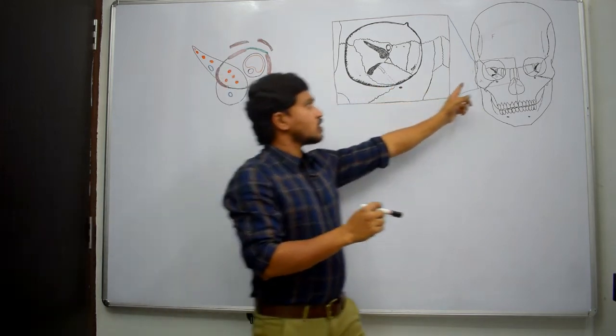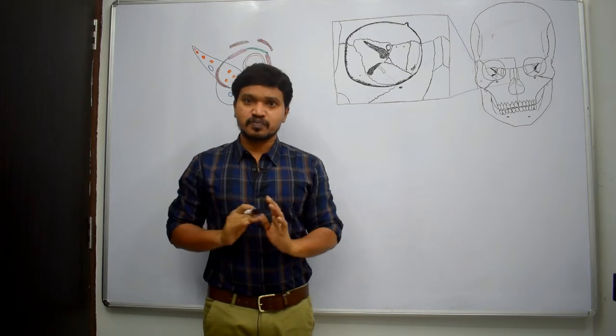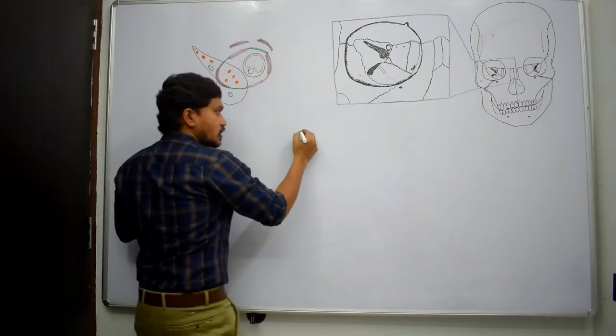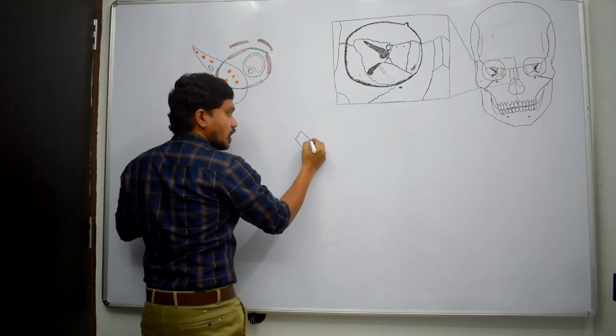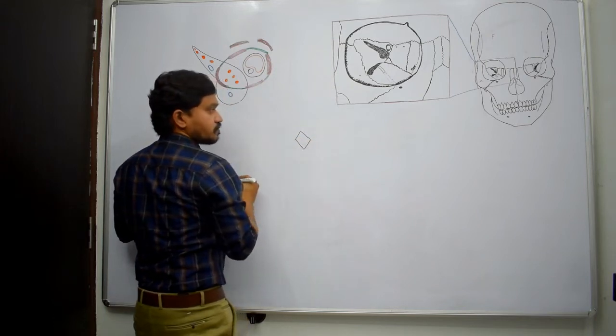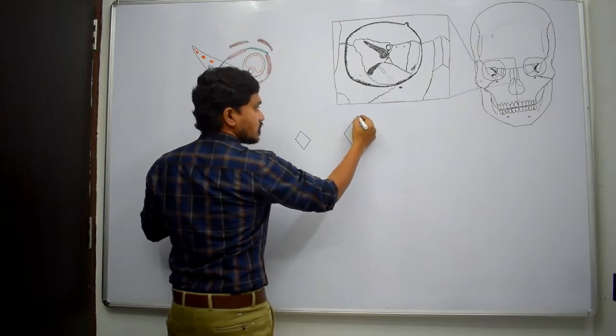See, there are two bony orbits, one on either side of the root of the nose, and it is pyramidal shaped. If you want to be very specific, it is a four-sided pyramid. Four-sided pyramid means what?